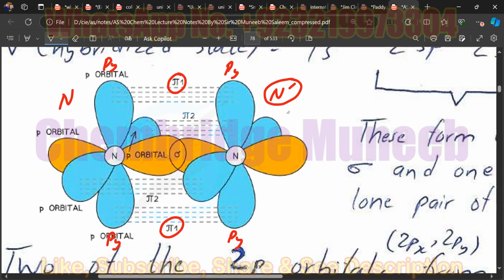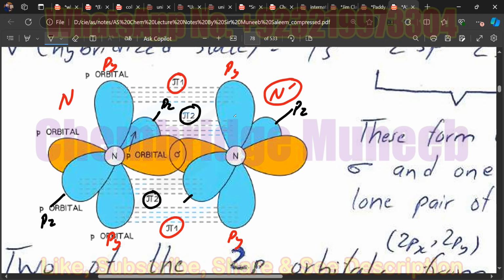I will show these horizontal lobes as the pz orbital. This is pz for one nitrogen atom, and this is the pz orbital of the second nitrogen atom. Now these horizontal lobes of the pz orbital will show the pi 2 bond. One lobe is into the plane and the other lobe is out of the plane.